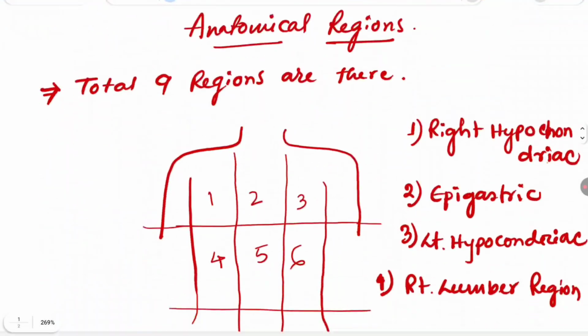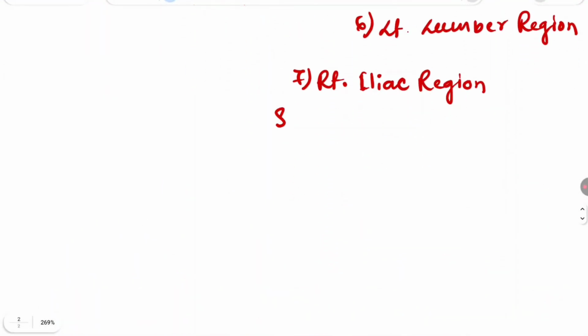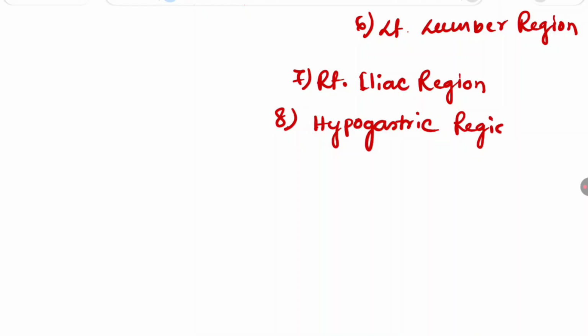After that, eighth one is the hypogastric region. And ninth and last one is the left iliac region.